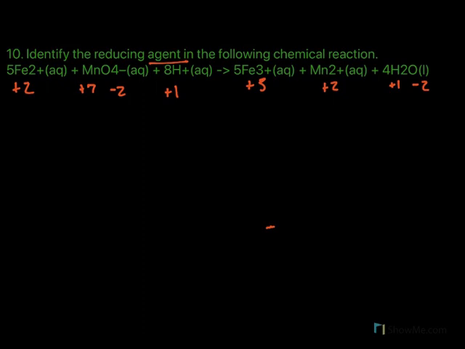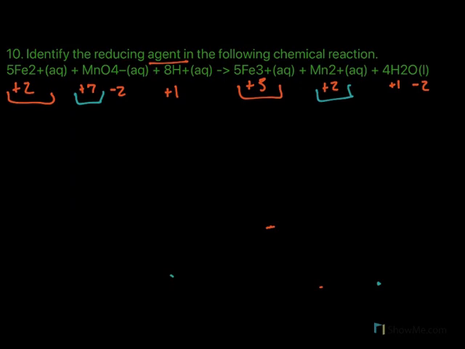Alright, so now we've got all our charges. From a quick glance, we can see that iron is losing some electrons, or 1 electron, and in this one, manganese is gaining 5 electrons.